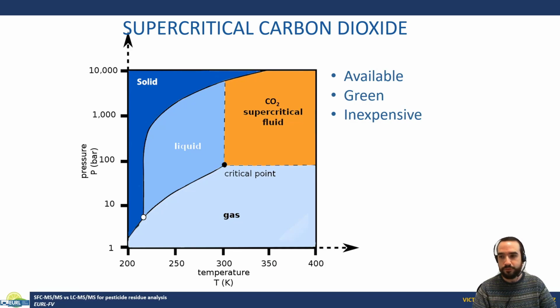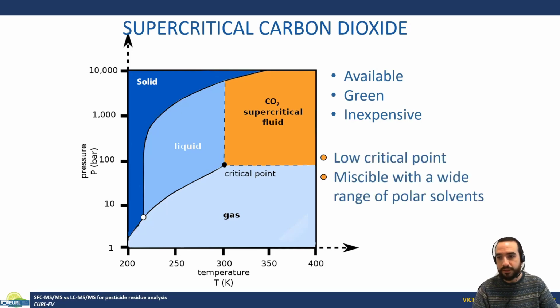For those who are not familiar with supercritical fluid chromatography, carbon dioxide is the most frequently used mobile phase in SFC due to its favorable properties like low toxicity and wide availability, but the most important one is that it has a low critical point.